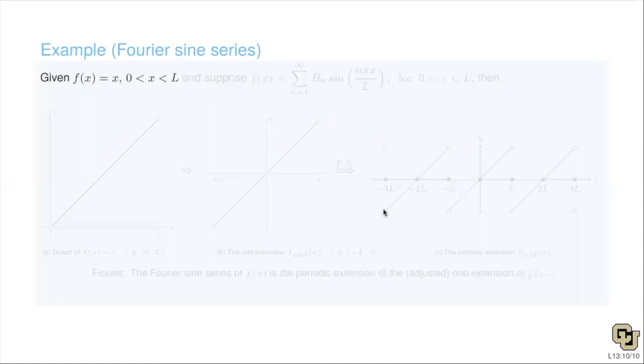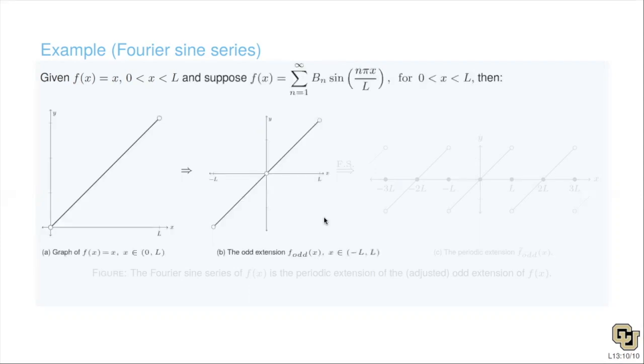And we can compare and contrast with a Fourier sine series, which is the Fourier series of the odd extension of f. Start with the same function f, do the odd extension, flip it about the y-axis and x-axis.